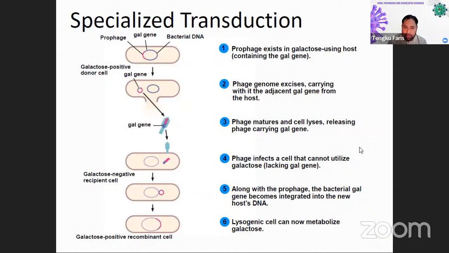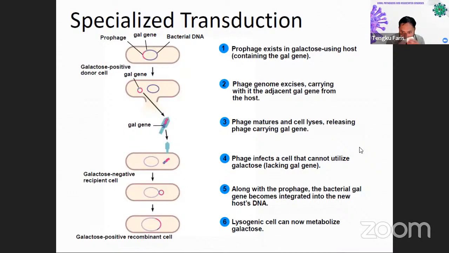All right, so number 4, phage infects a cell that cannot utilize galactose, lacking a GAL gene. Now, the next activity is that the virus that has the GAL gene plus their own viral DNA goes and infects the bacteria that lack the GAL gene.